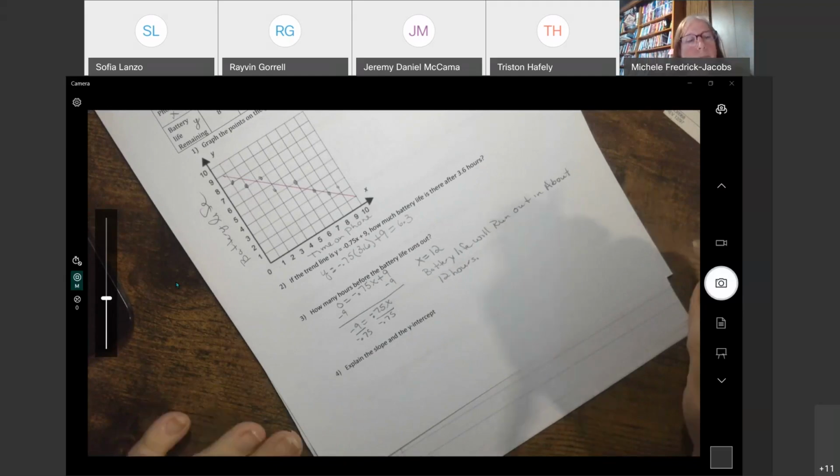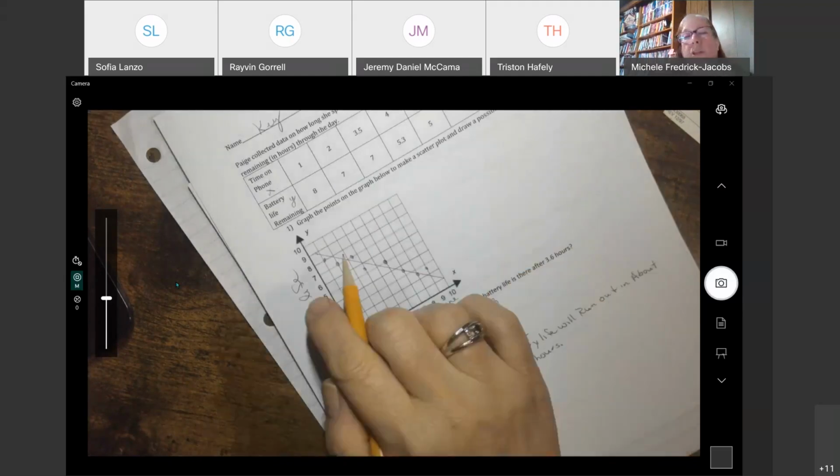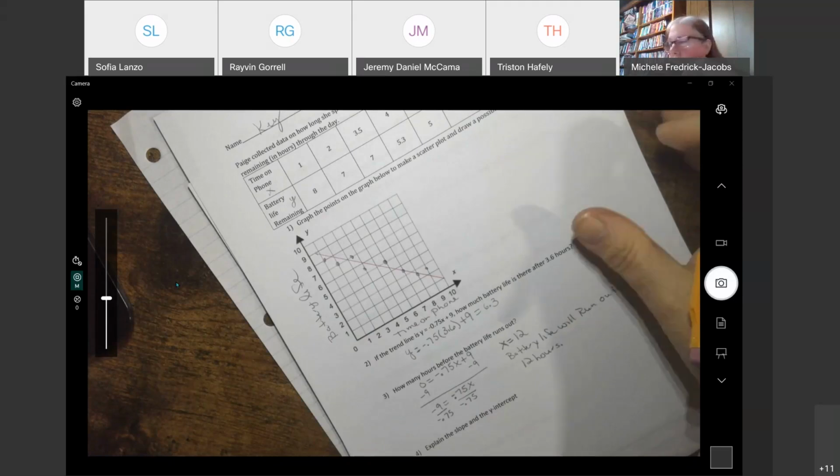Actually, yes. How did you, I believe it was draw the trend line? I didn't quite catch that. I just drew a line between the data. It doesn't need to be exact.